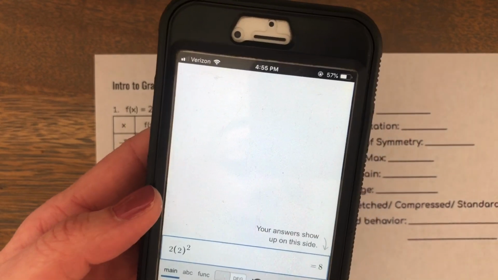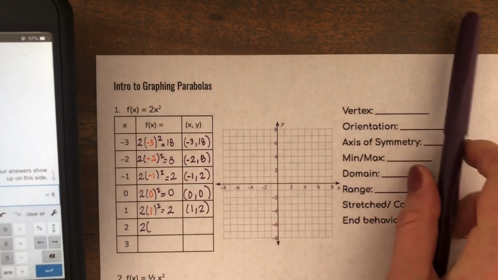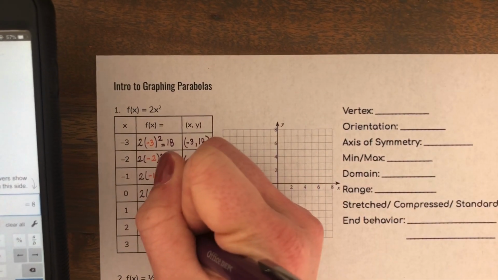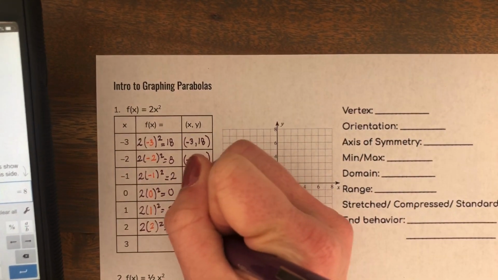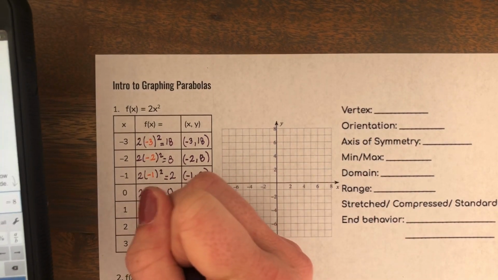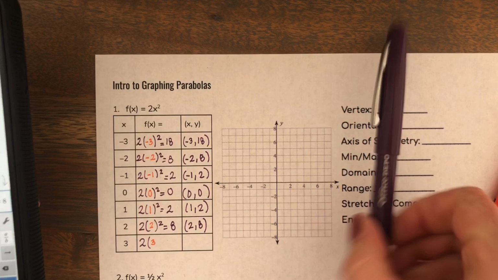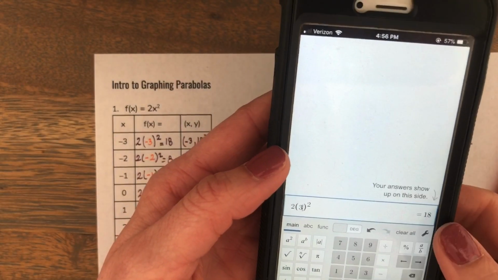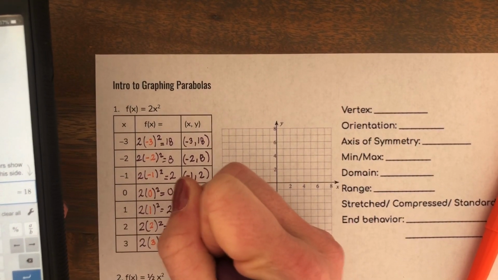Sorry if I'm going a little faster now. That was 8, so that would be 2, positive 8. And then the last one, we're just going to plug in 3. And it's 18. So that would be 3, 18.